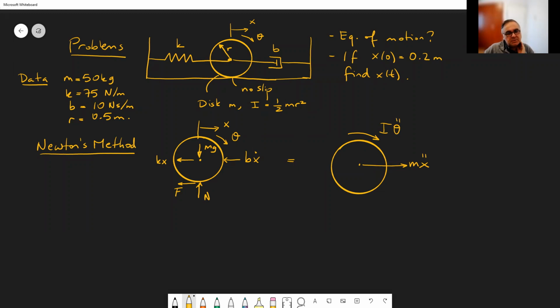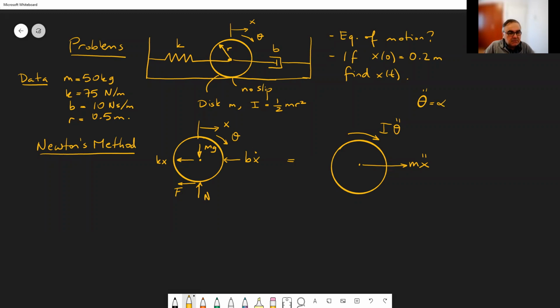That's another possibility. That is, we could put minus I theta double dot and minus m x double dot, and then equate it to 0, but it's the same thing. Well, theta double dot is alpha, the angular acceleration of the disk.